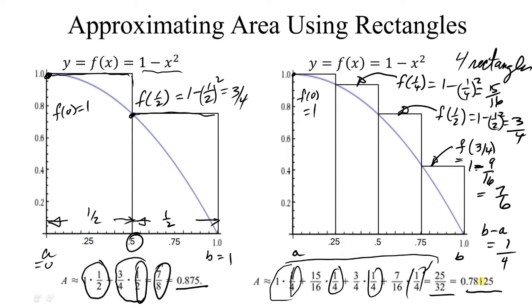And our better estimate is 0.78125. Now I'm going to go ahead and tell you that the true area under this curve, when we start using calculus by next period, is going to be exactly 2/3, which is 0.667.